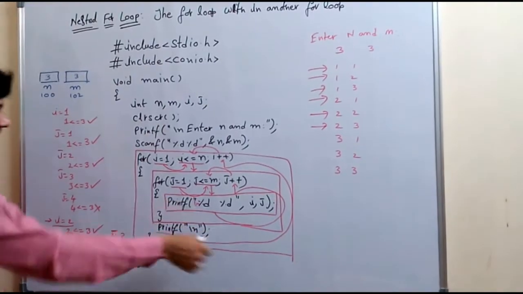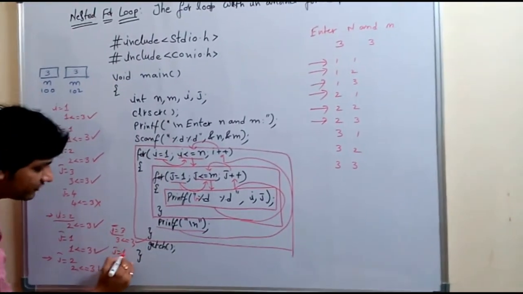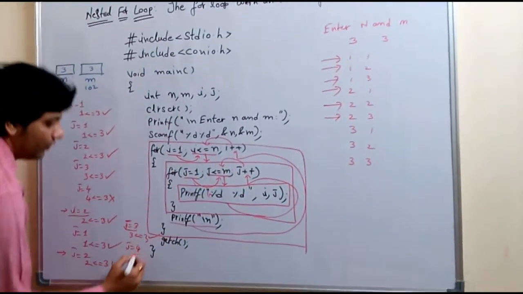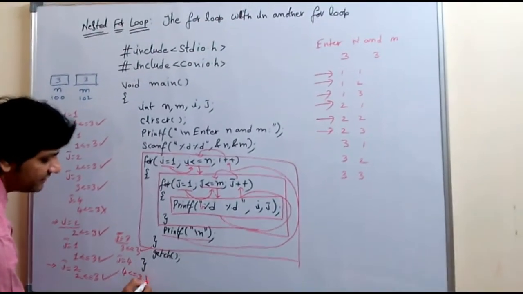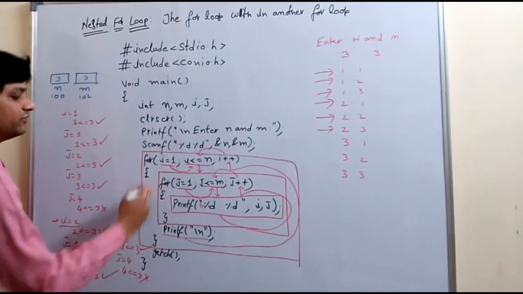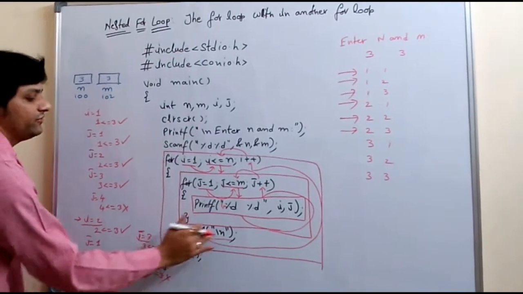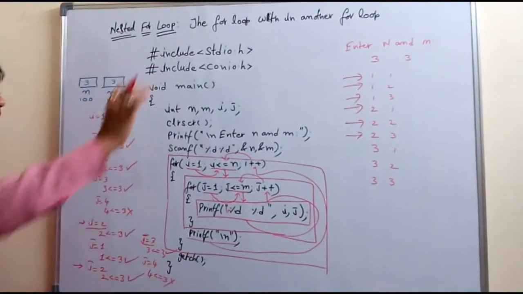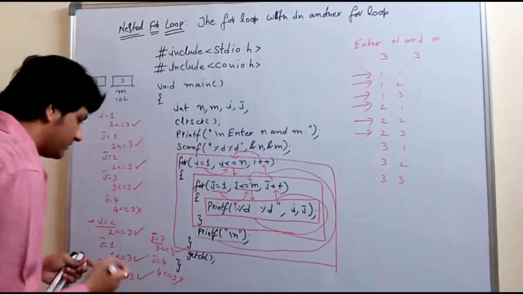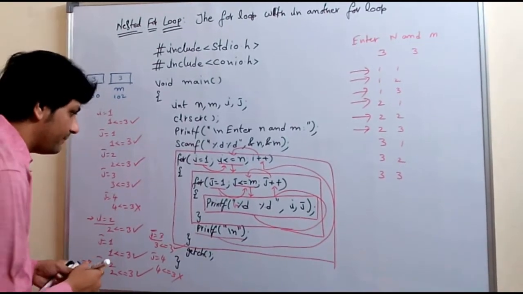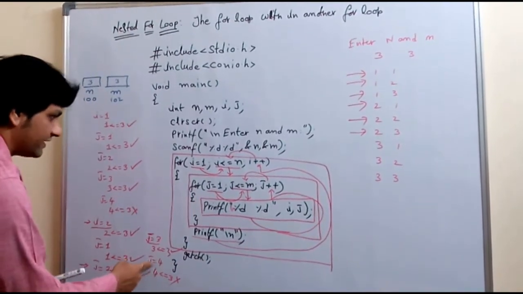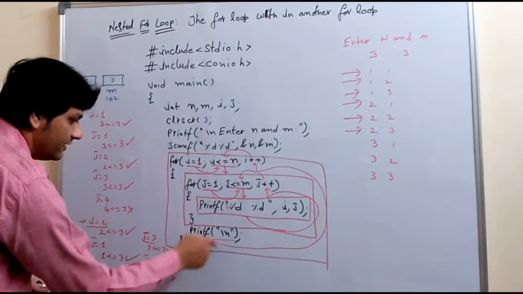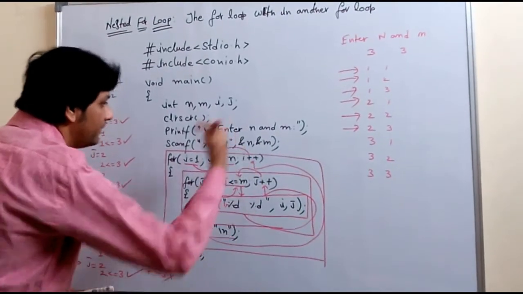Next, j plus plus. j equals 4. 4 less than or equal to 3 is false. It comes outside of this, and printf slash n means a new line will be printed. Then i becomes 3.